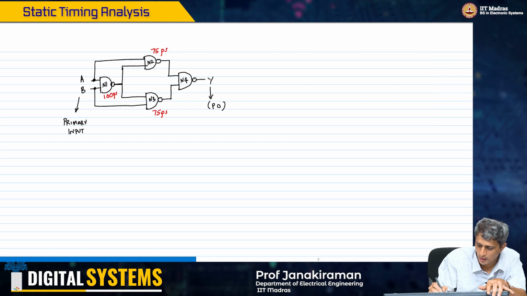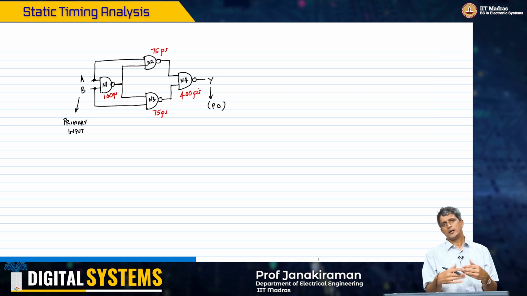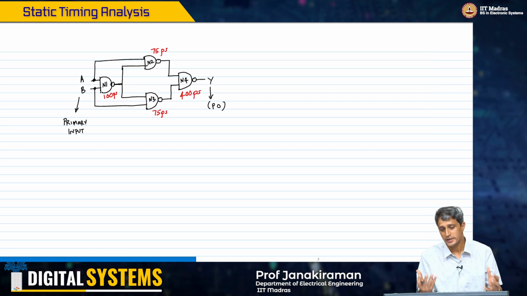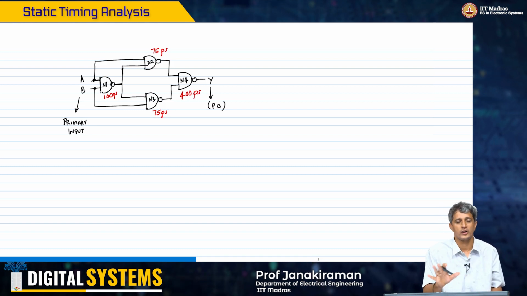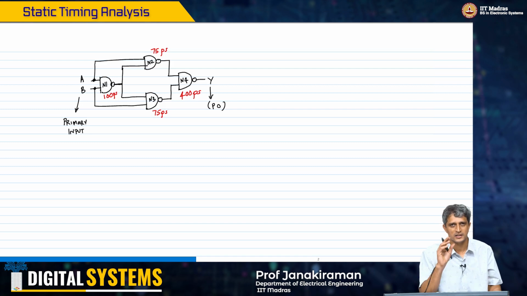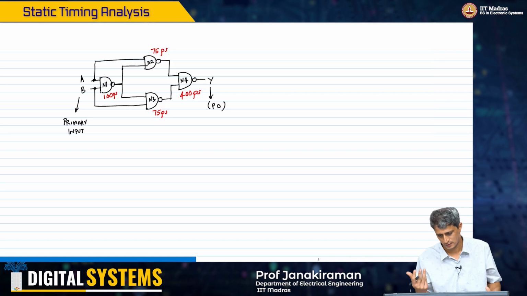And this one I'll assume is driving a large capacitance which I have not shown here, so the delay could be 400 picoseconds. As I mentioned repeatedly through this lecture, it's the same NAND 2 gate that I have placed in 4 different locations, but they can experience different delays.